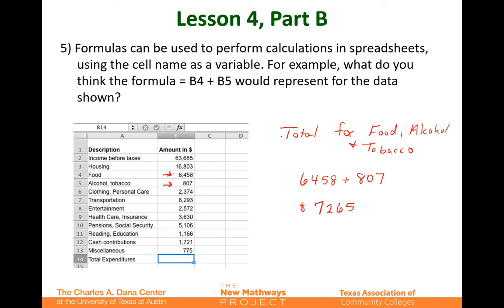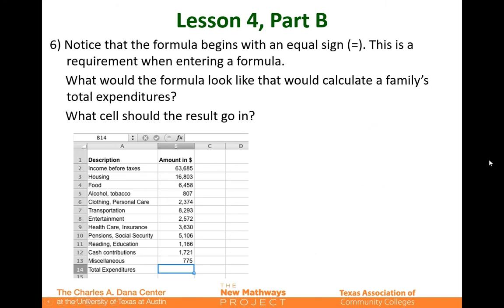But this is really the answer. What does it represent? It represents the amount spent for those two quantities. Notice that the formula begins with an equal sign. This is a requirement when entering a formula.